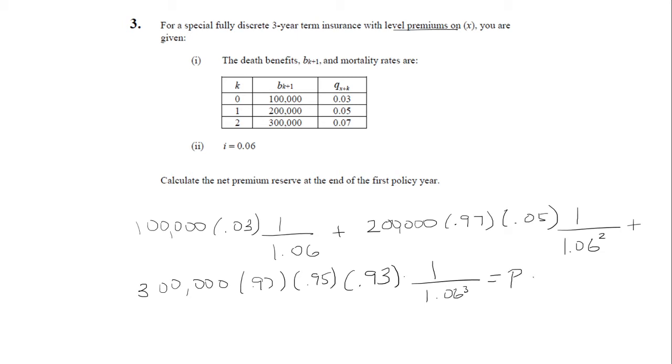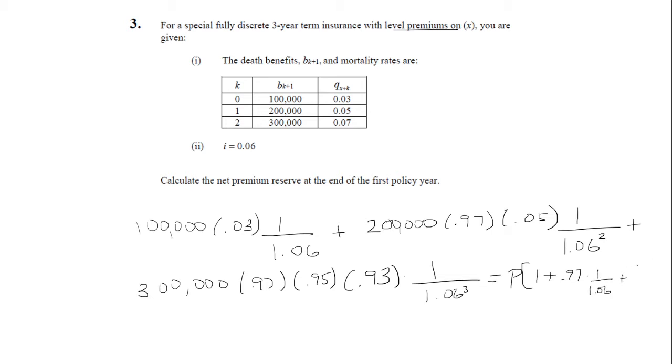Because the premium is level, it's all the same, so I can factor out the premium, P. The premium gets paid at the beginning of the year. The first one is at time 0, and we don't have to discount it, so it's 1. Then the next premium will be in the following year, so we should have survived the first year, which is 0.97, and then discount it back 1 year.